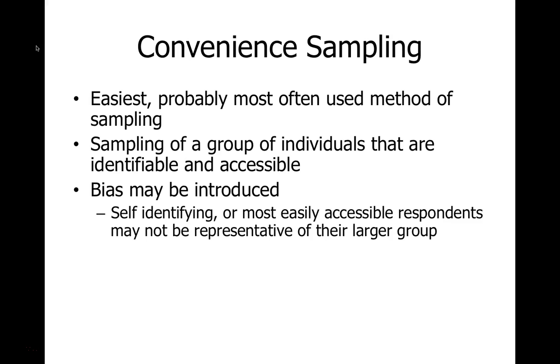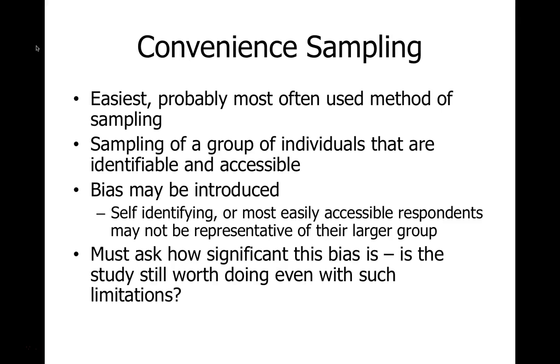And so bias may be introduced. These people may be self-identifying, or the most easily accessible respondents may not be actually representative of their larger group. So if we're talking about young adults, for example, college students we know are certainly not representative of all young adults. They may be representative of college students, and so if we actually are looking at college students, it may not be such a big leap for us to use a convenience sample of college students.